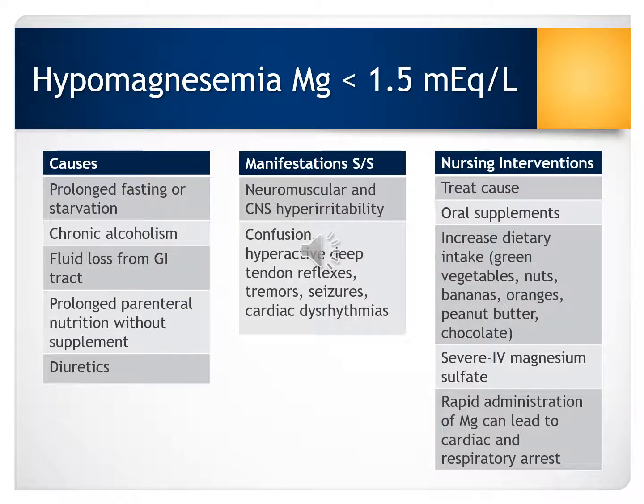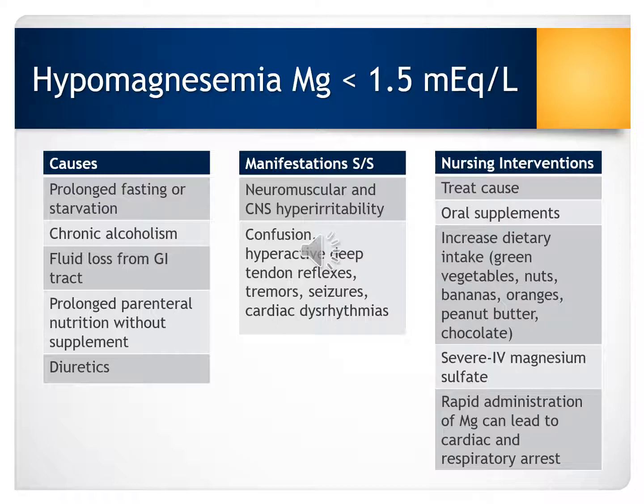So low magnesium levels can occur for a patient who has prolonged fasting or someone who is starving, someone who has chronic alcoholism, or when there is fluid loss from the GI tract, such as someone with prolonged nausea, vomiting, diarrhea.